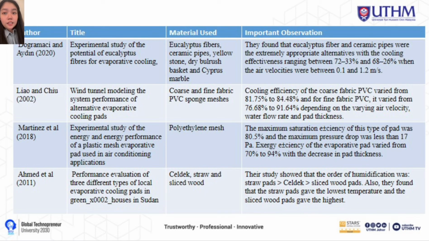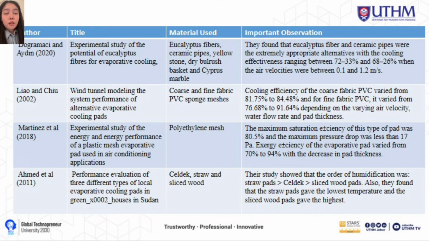And then next, Dogramachi and Aydin, 2020. The title is Experimental Study of a Potential of Eucalyptus Fiber for Evaporative Cooling. The materials used are eucalyptus fibers, ceramic pipes, Yellowstone, dry barrel basket, and cypress marble.